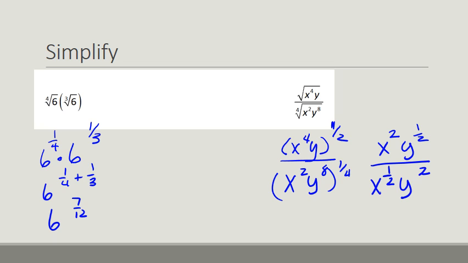Remember from algebra that we're going to subtract exponents this time, and it goes with the highest power. So 2 minus 1/2 is 4/2 minus 1/2, so it's 3/2.